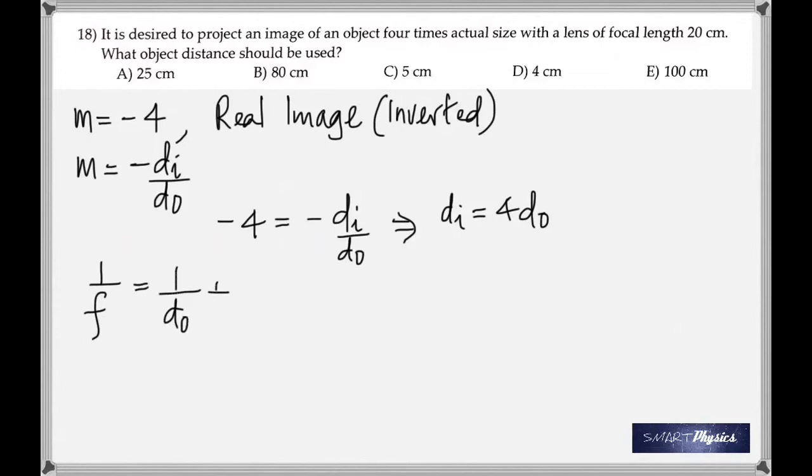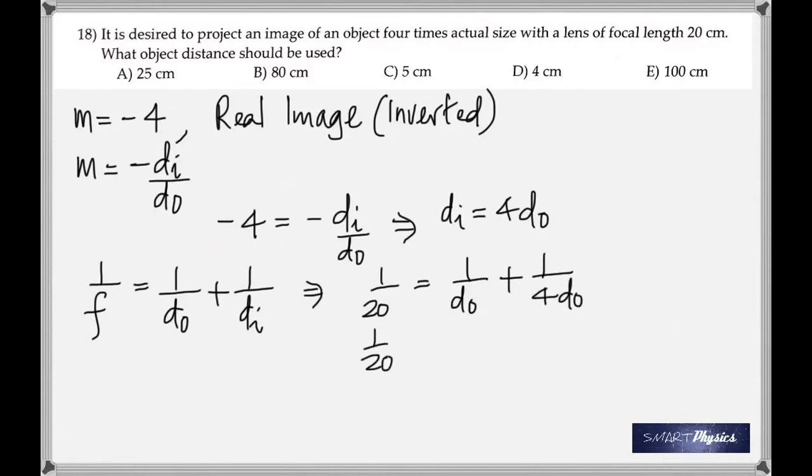So di is 4 times do, and I've substituted into the lens equation. We are using 4 do for di.